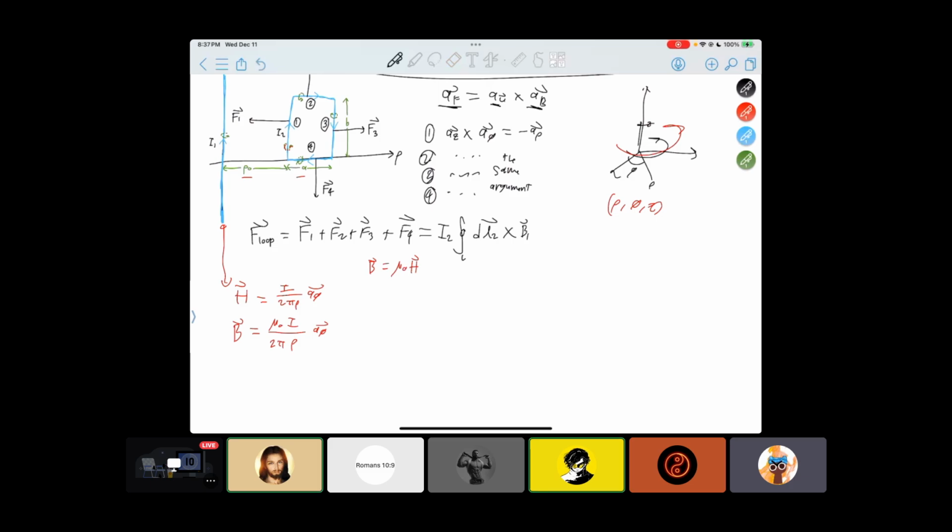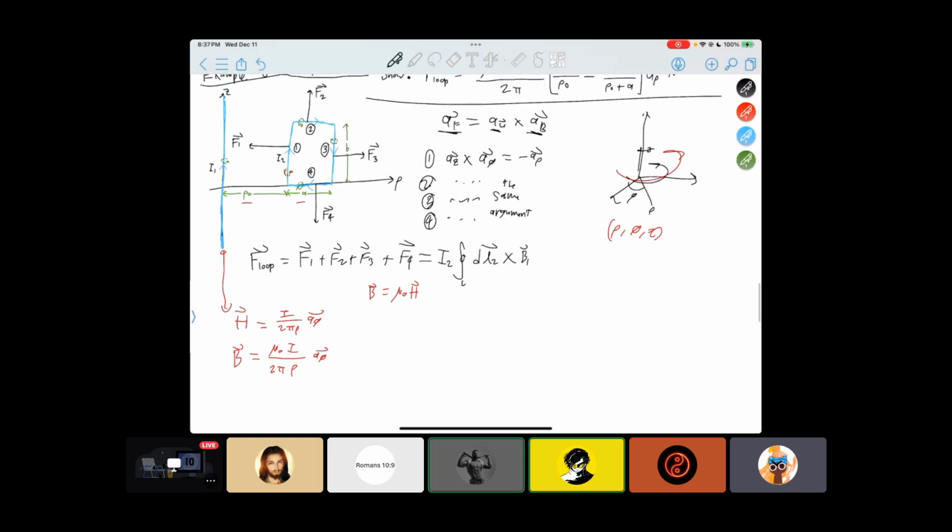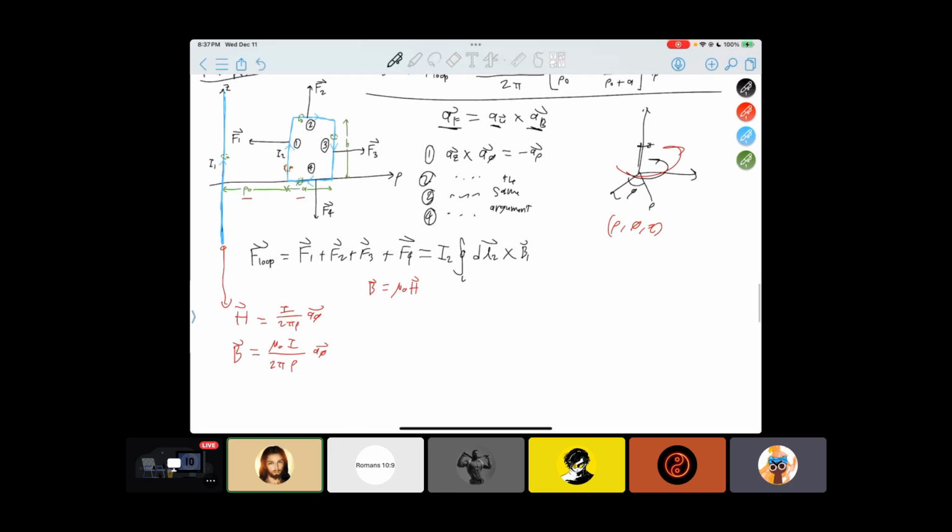So we're gonna take the length essentially. We know the general formula: F equals the integral of I dL cross B. I think that's the general formula for a closed line loop. Is that the formula for the force?